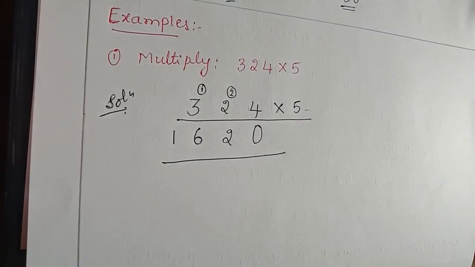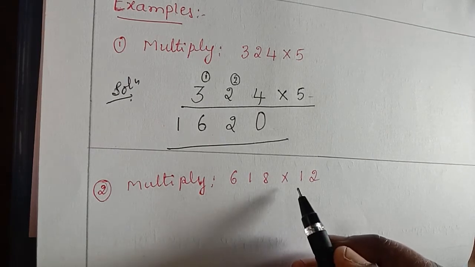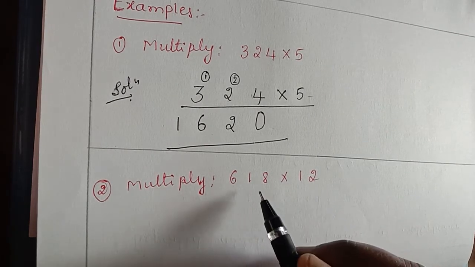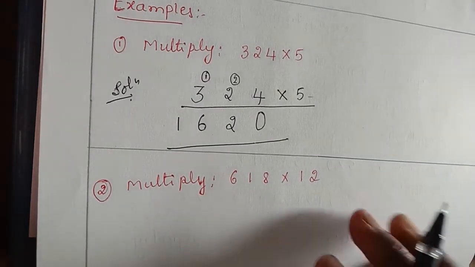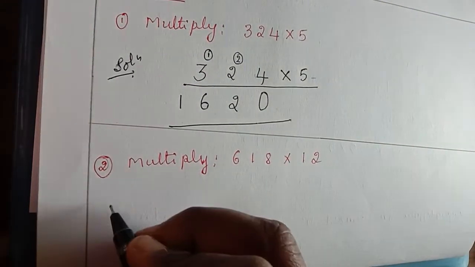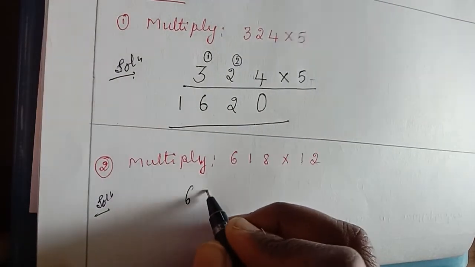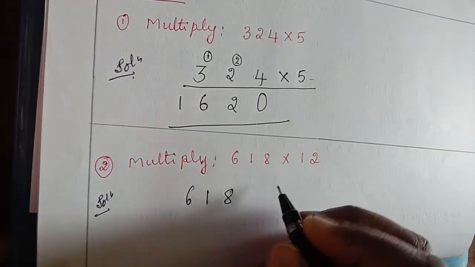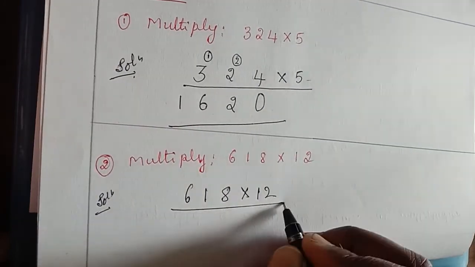So let us see how to multiply by a two-digit number. Multiply 618 into 12. So we have to multiply a three-digit number by a two-digit number. First you should write the number, that is 618 into 12.